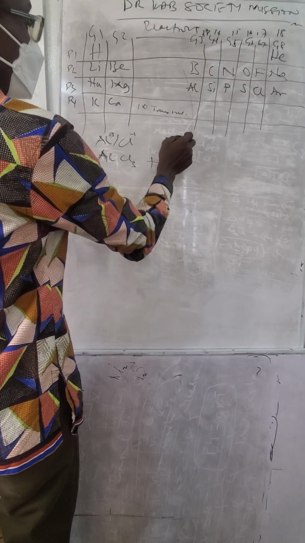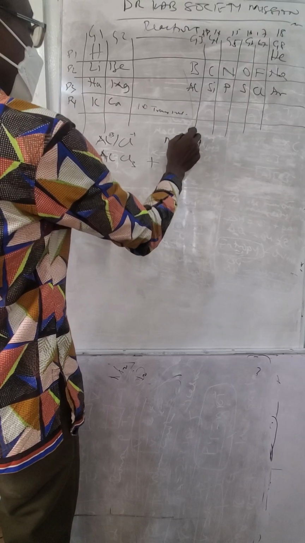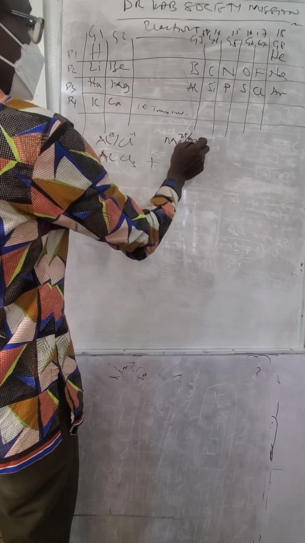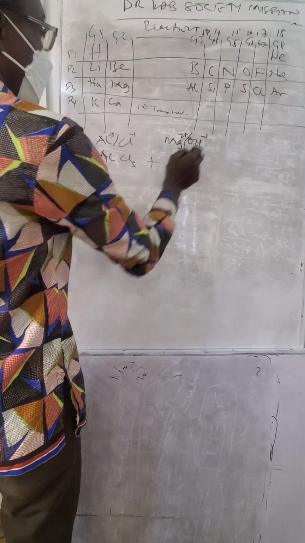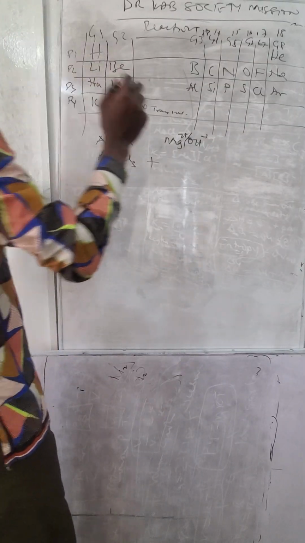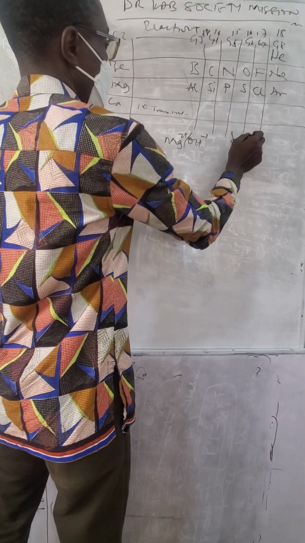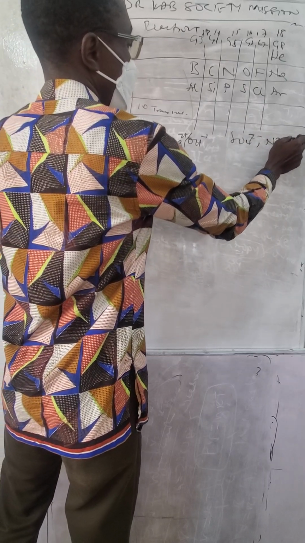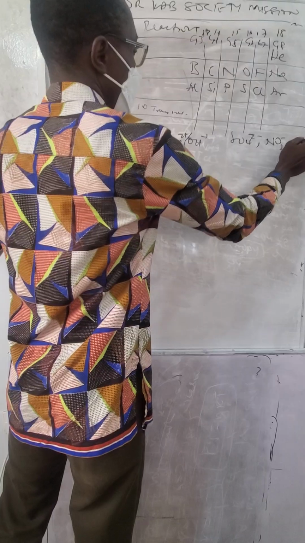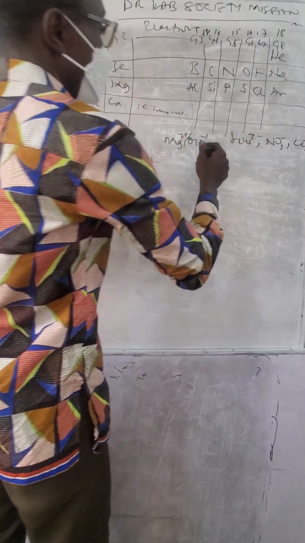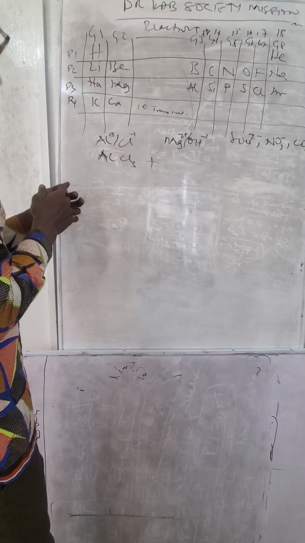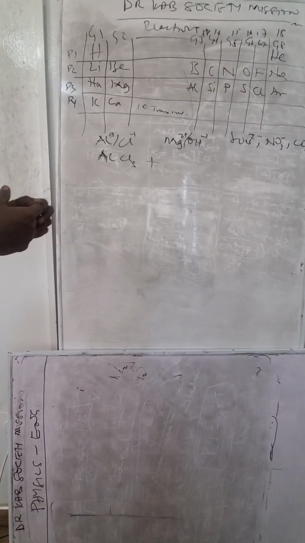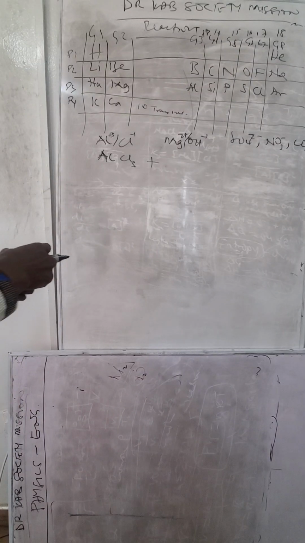magnesium hydroxide. Magnesium is 2 plus, hydroxide is minus 1. You must note them. Sulfate is 2 minus, nitrate 1 minus, carbonate 2 minus, and phosphate is 3 minus.